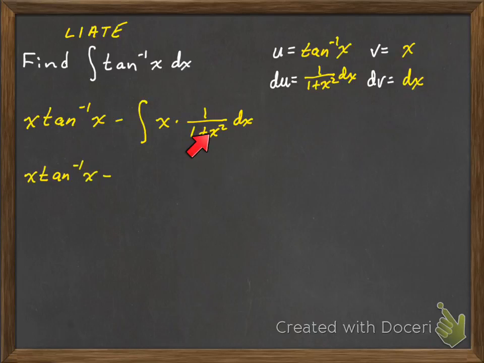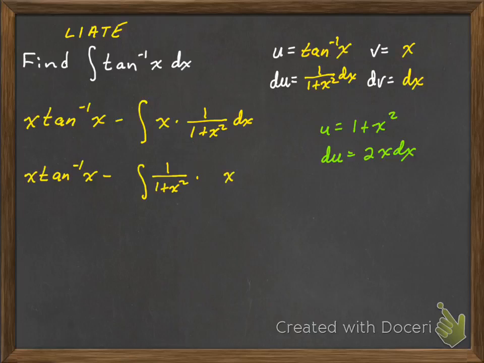So this integral, we can integrate by using u substitution, where the denominator is going to be our u value. And so the u value is going to be 1 plus x squared, which means du is going to be 2x dx. All right, so we can rearrange a few things here, making this 1 over 1 plus x squared times x dx, which is just simply moving this x over here next to the dx.